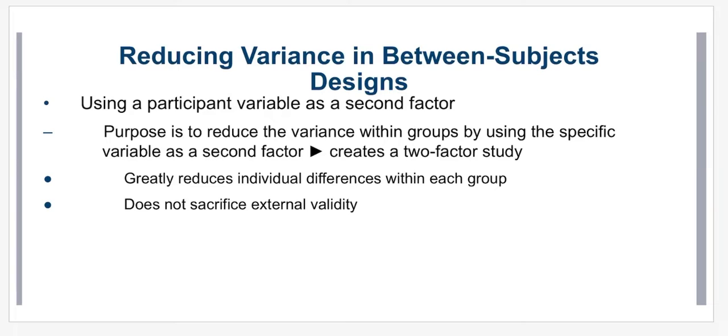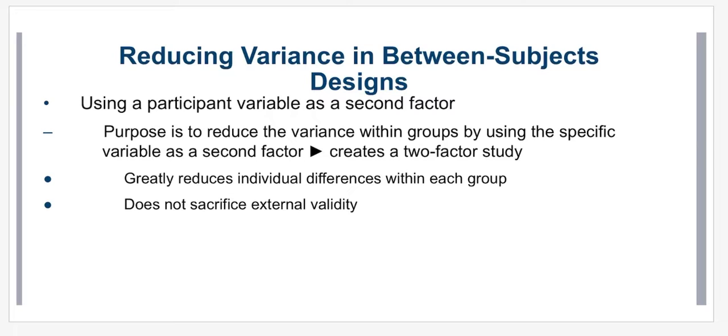And so you can use that to more easily detect the variance between the groups to see if there's an actual effect on the dependent variable from that first factor or first independent variable. So of course, as it says, it's greatly reducing the individual differences within each of the treatment groups, which is what we're going for.